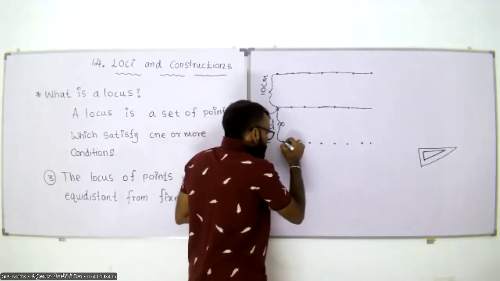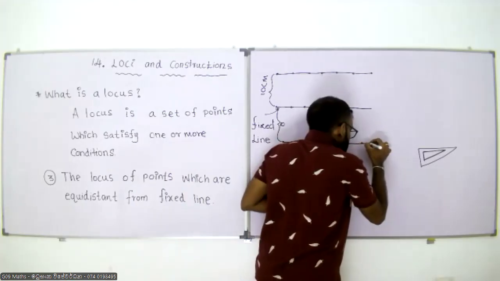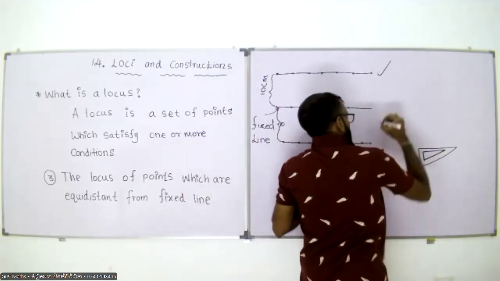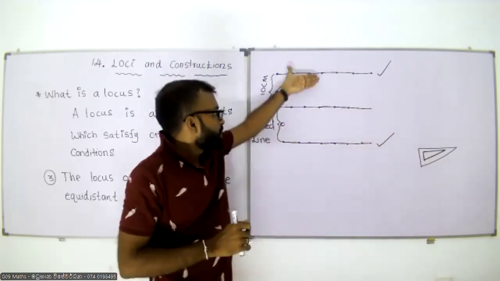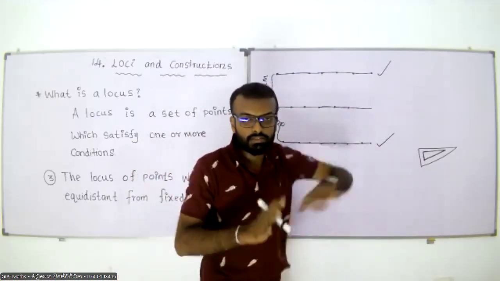So this is the second locus that we can do. There is a top locus and there is a bottom locus. So there are two loci for this fixed line.